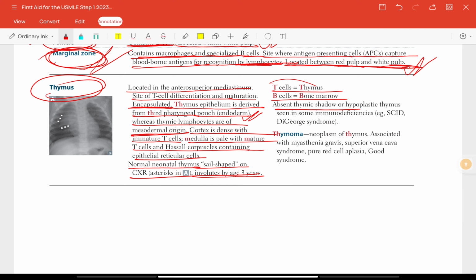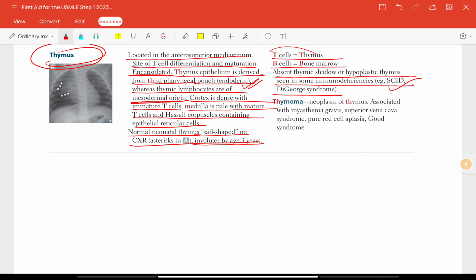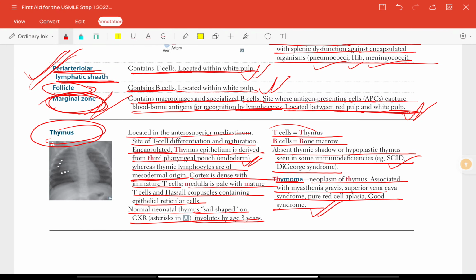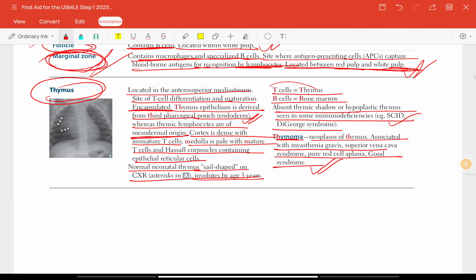Absence of a thymic shadow or a hypoplastic thymus is seen in immunodeficiencies, for example severe combined immunodeficiency and DiGeorge syndrome. Thymoma is a neoplasm of the thymus associated with myasthenia gravis, superior vena cava syndrome, pure red cell aplasia, and Good syndrome. This much for now.